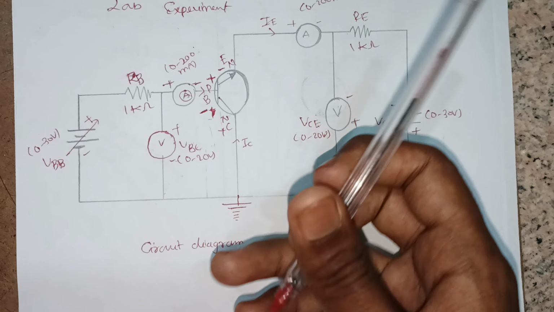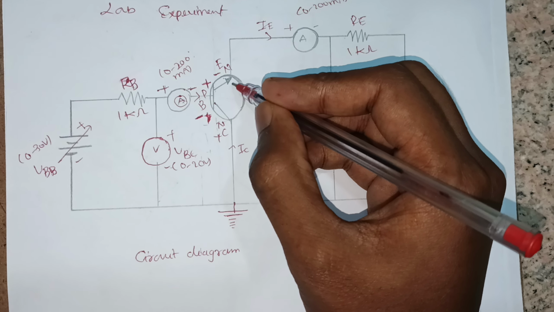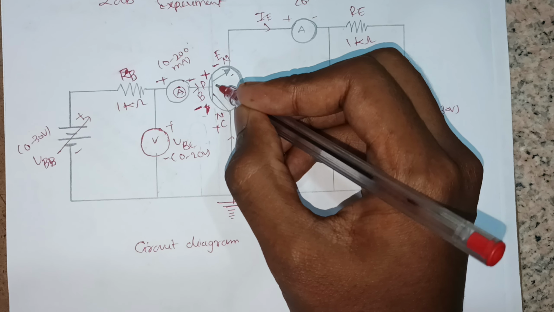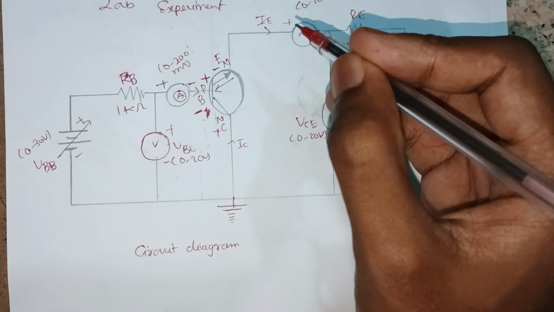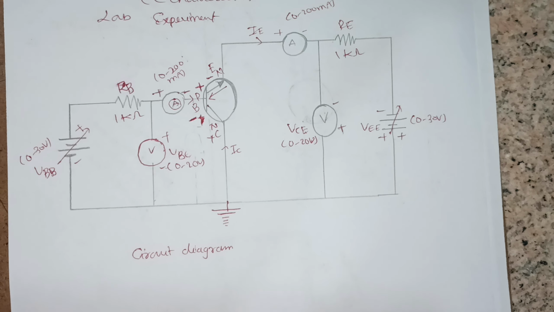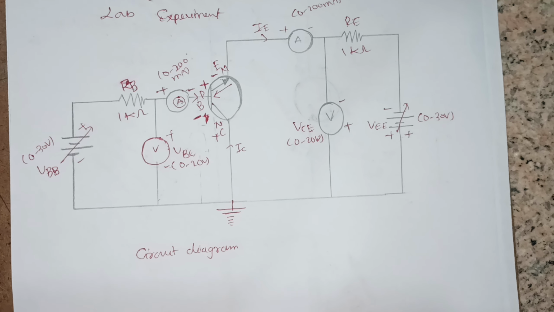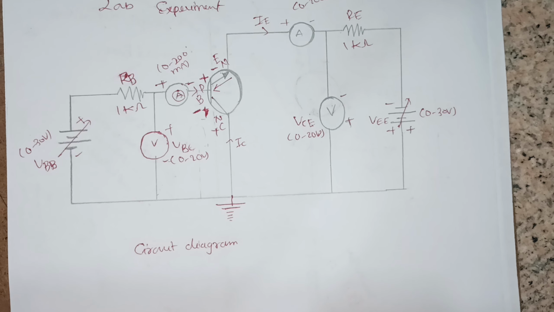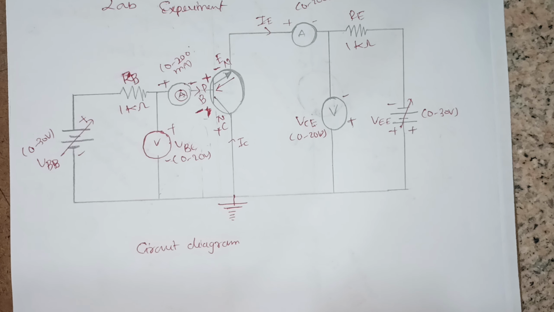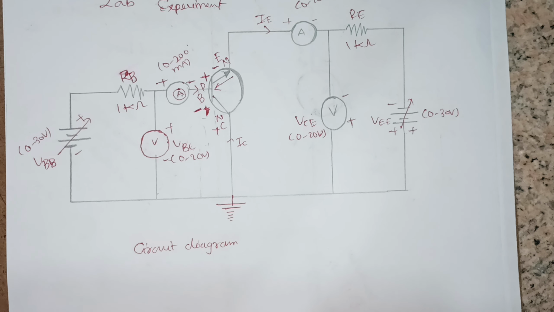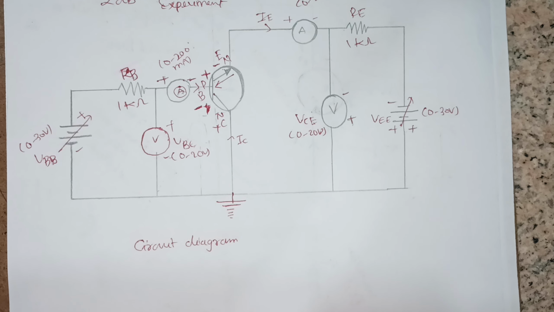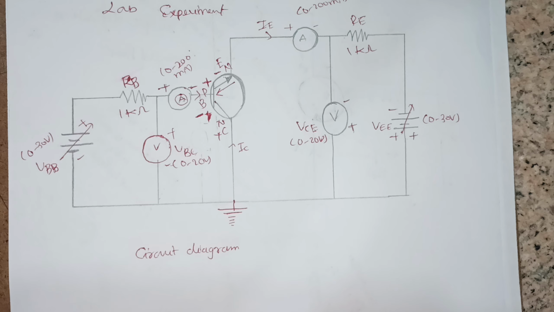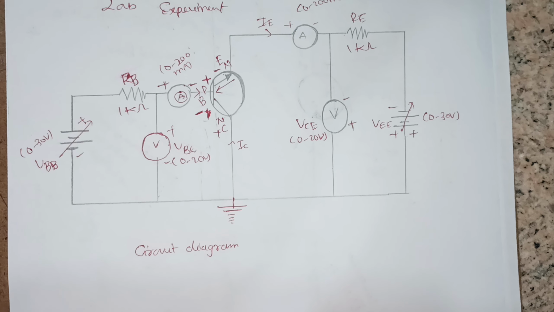So here is the emitter. Current flow here is electron flow, which is in the negative direction at the emitter. But conventional current flow says that the current flows through positive charges, that is, holes. That is not real in practical cases, because the current carriers are not positive charges or holes, it's the electrons which are the charge carriers.